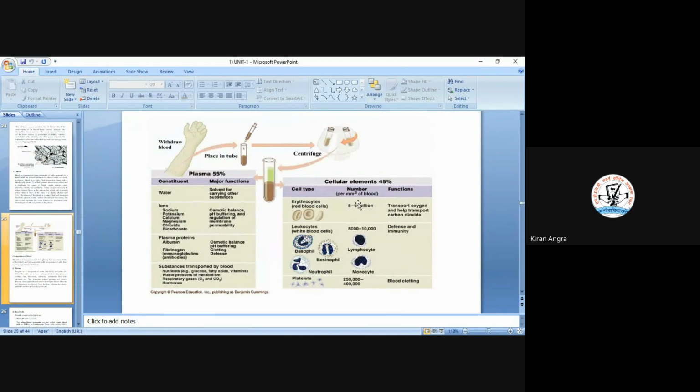And the blood cells, as you all know, are white blood cells, red blood cells, granulocytes, and platelets. So let's take up the white blood cells first.